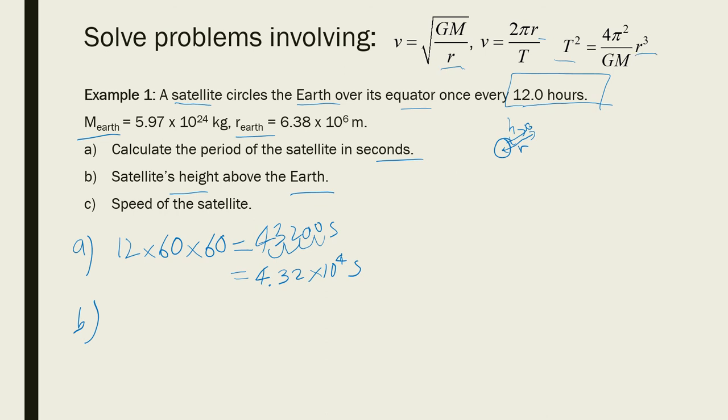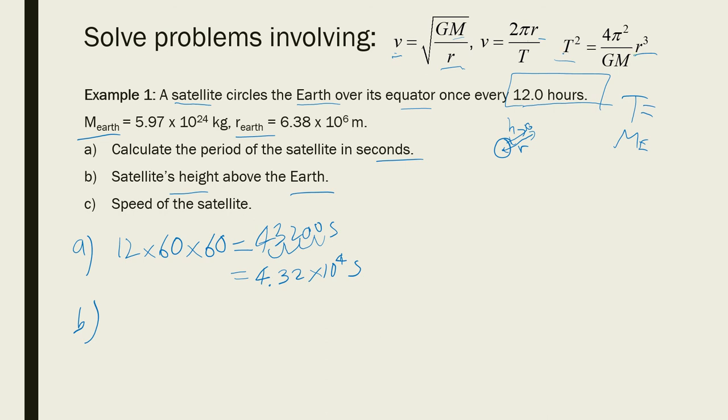Now, what do we know? We only know the period, so we know T. We know the mass of the Earth, the big central body. Could we use this? We don't know the speed, so we can't. Can we use this one to get the radius?